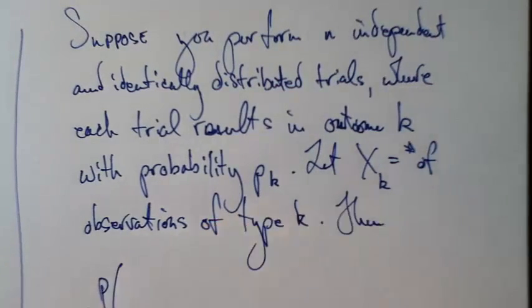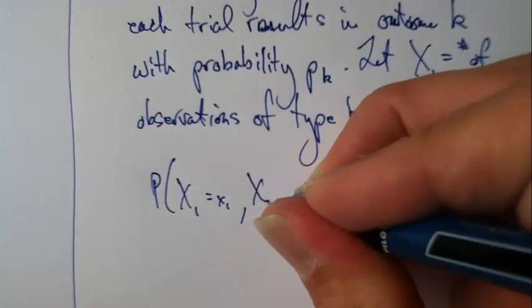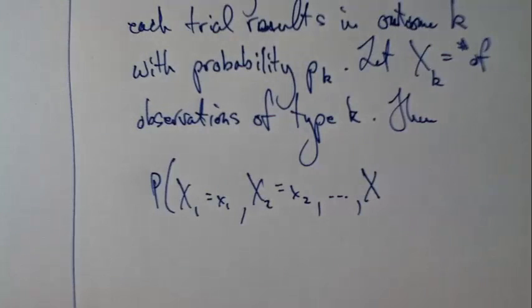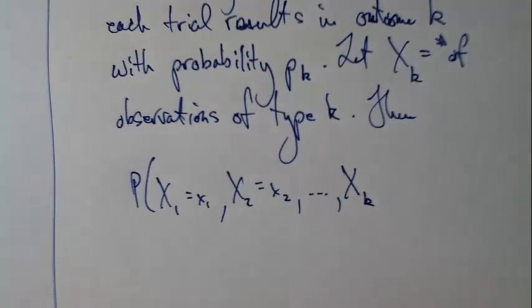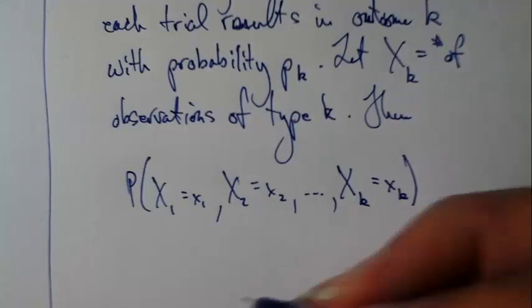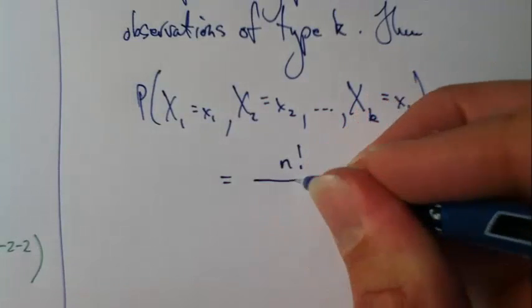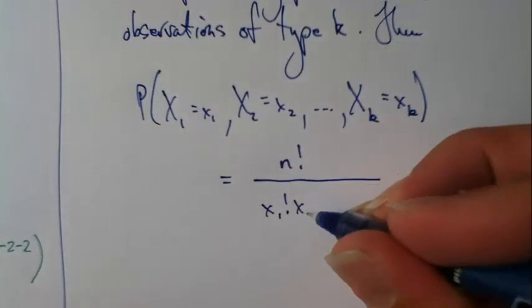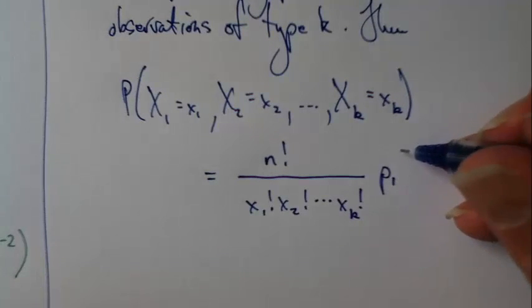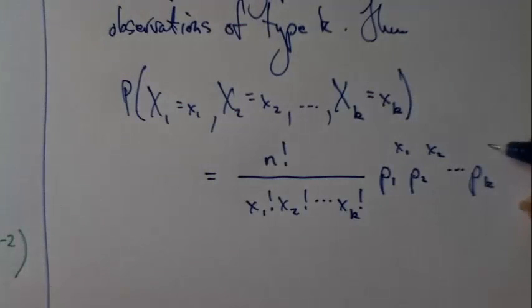Then the probability that X1 is, say, little x1, and X2 is little x2, and so forth, up to Xk equals little xk, turns out to be n factorial, the total number of trials, over x1 factorial, x2 factorial, up to xk factorial, times p1 to the x1 times p2 to the x2 times pk to the xk. Okay?